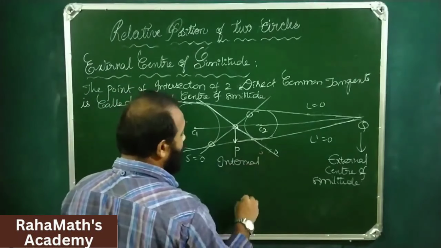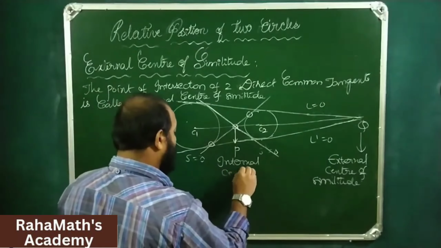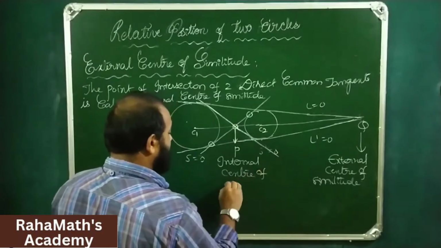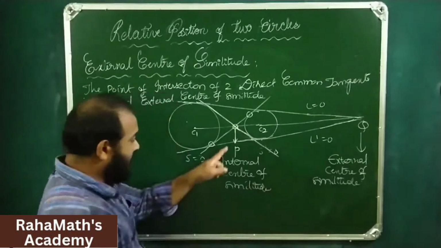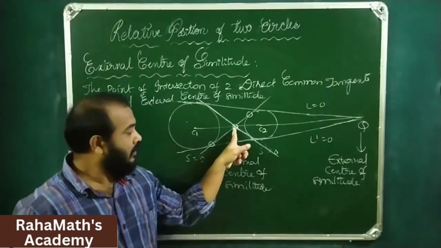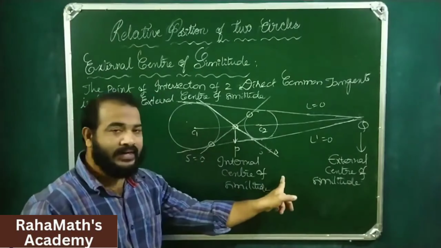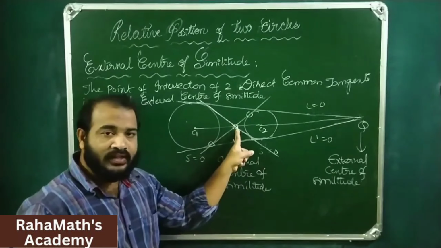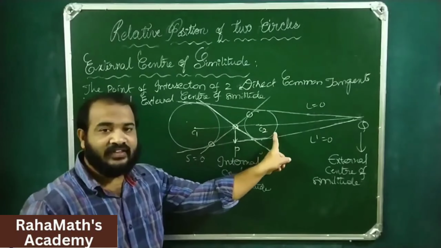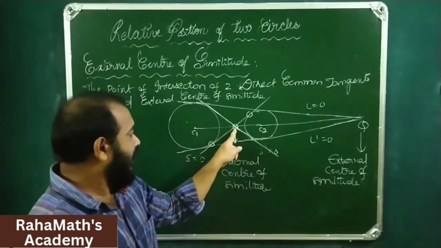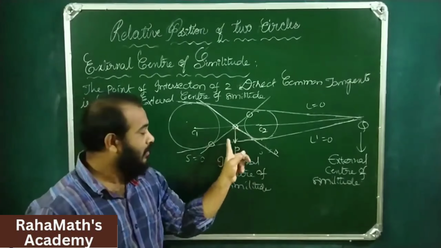Can you guess how that name comes? Because this point of intersection of two transverse common tangents is lying on the interior of the line joining the two centers. That is why the name internal center of similitude came.